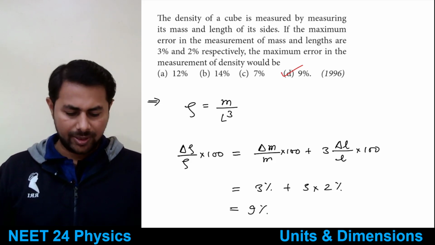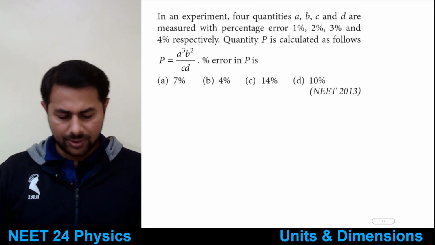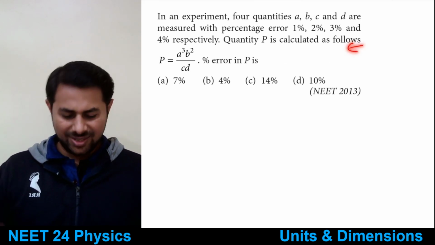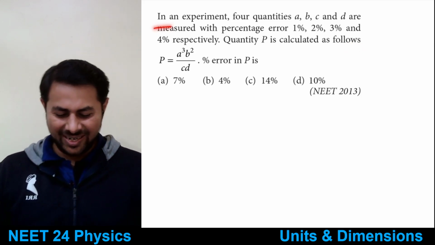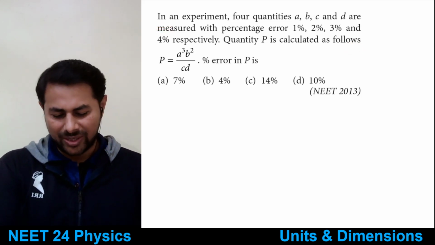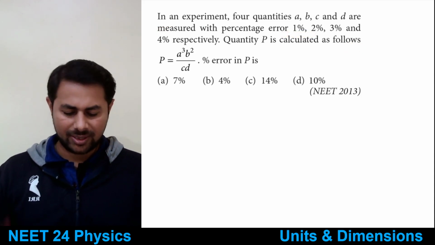Okay, it's very, very simple. Okay, let's see this one. All right, good. So first of all, if there is a question like this, get happy. In an experiment, 4 quantities A, B, C and D are measured with percentage error 1%, 2%, 3% and 4%.